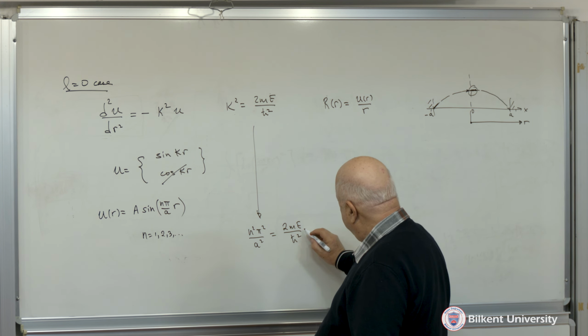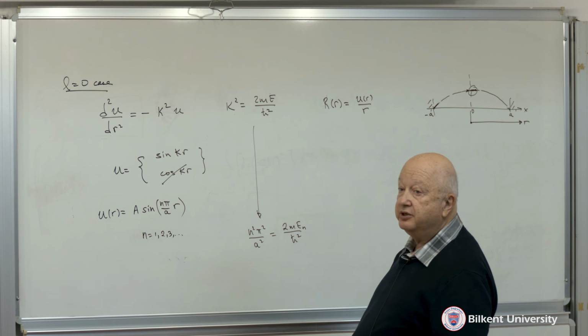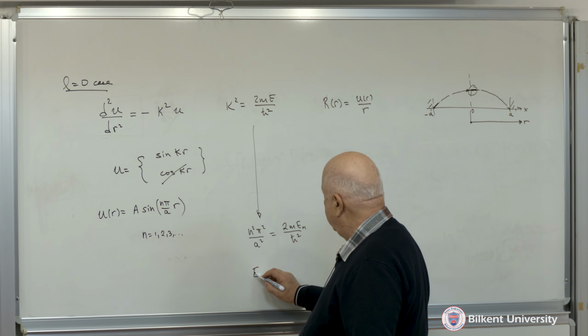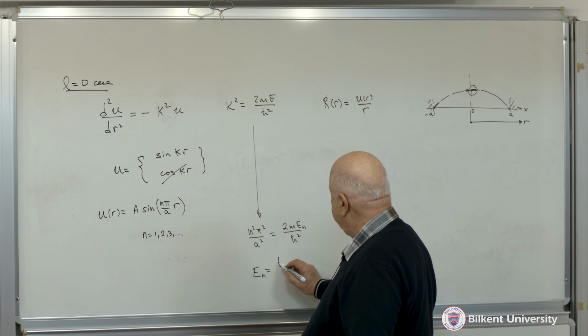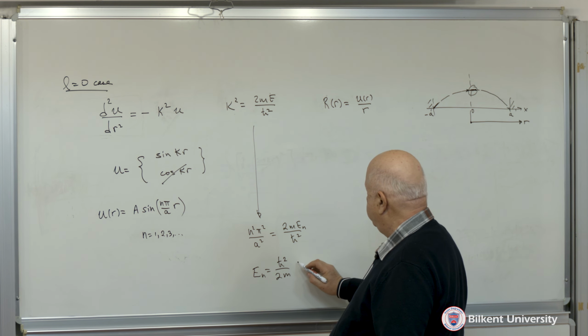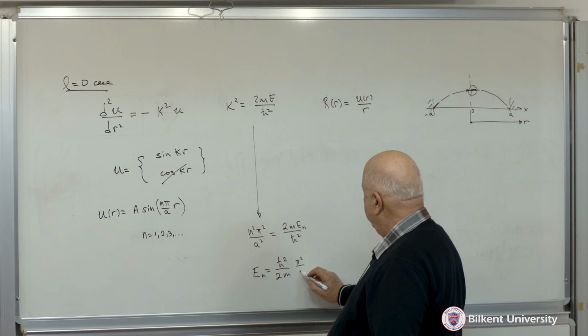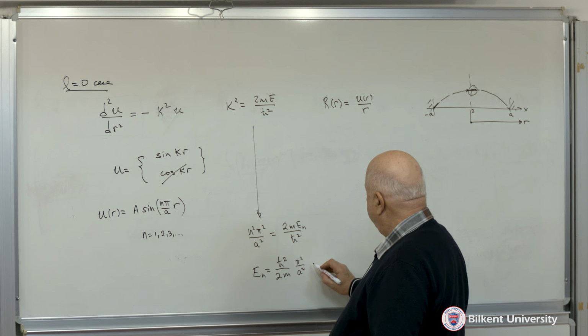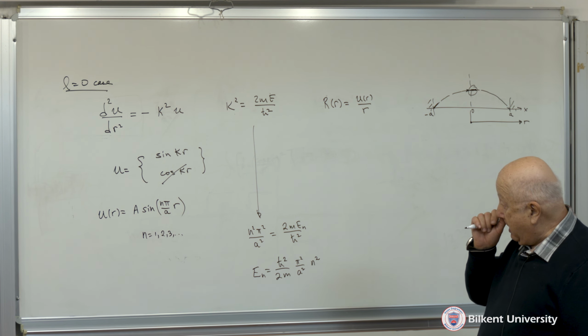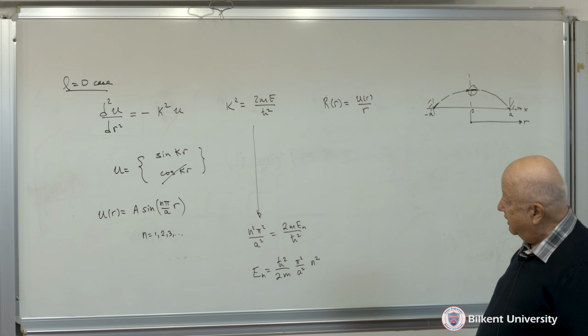Let me put a subscript n on the energy. So those are the energy levels. En is going to be h bar squared over 2m, and then you have pi squared over a squared, then n squared. These are the energy levels.